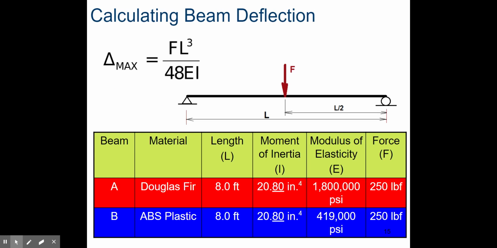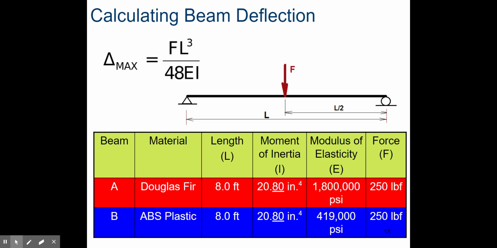The way we calculate beam deflection, again, is that delta max, and this formula you don't have to memorize, it's on your formula sheet, is equal to F, which is force, times L cubed, where L is the length of the beam, divided by 48 times E. Now, E is that modulus of elasticity. You have to be given that, or you can look it up based on the material.